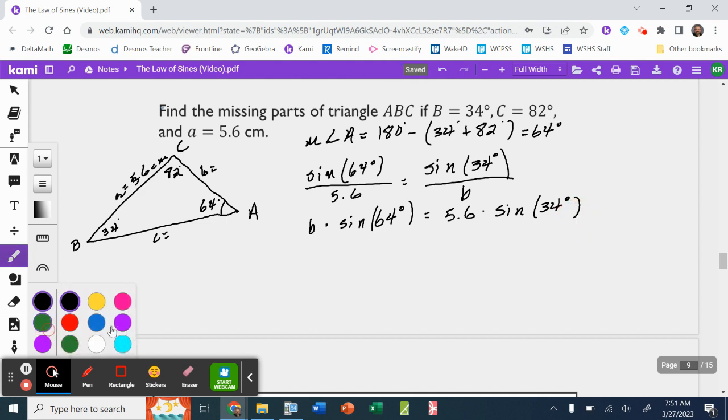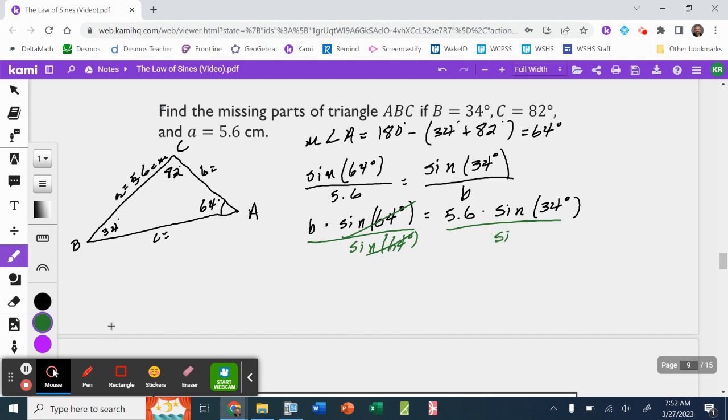And then to solve for B, I will need to divide both sides by the sine of 64 degrees. And when I divide there on the left side of the equation, those are going to simplify out and become 1.